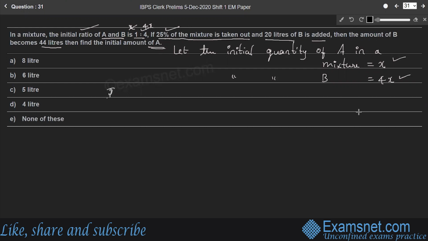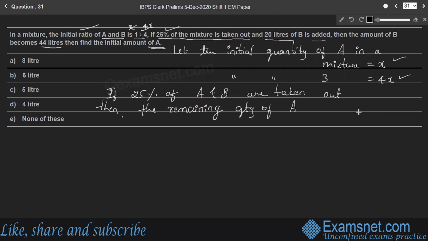Therefore, if 25% of A and B are taken out, then the remaining quantity of A becomes, so 25% of A is taken out. What is the remaining?